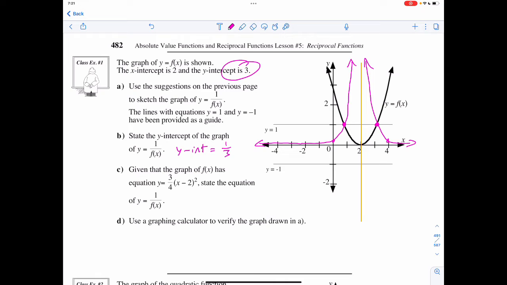Given that the original graph has the equation y is equal to 3 over 4 bracket x minus 2 squared, then what's my reciprocal one going to be? y is equal to 1 over 3 over 4 bracket x minus 2 squared. And then when I plug it into my graphing calculator, I get approximately the same thing.